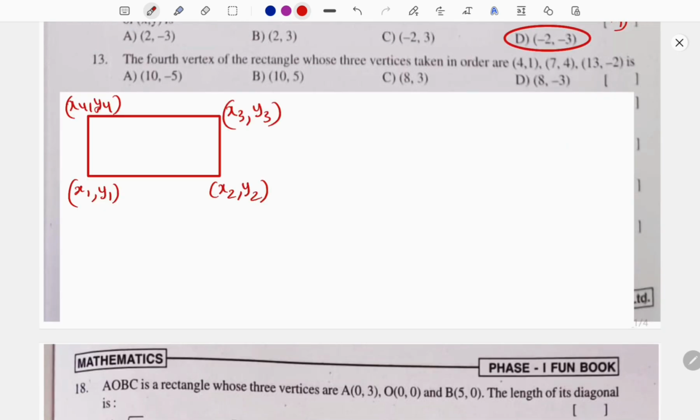Now see the 13th bit, the fourth vertex of the rectangle. Suppose we know the 3 vertices, but we don't know the fourth vertex. How can you find the fourth vertex?